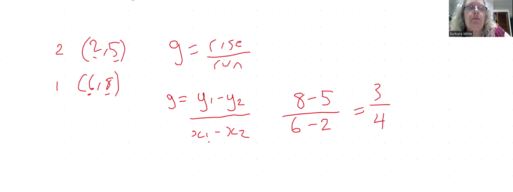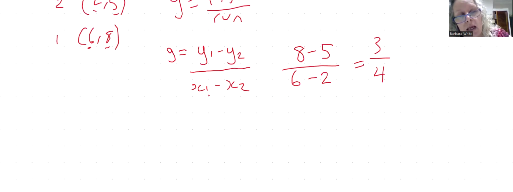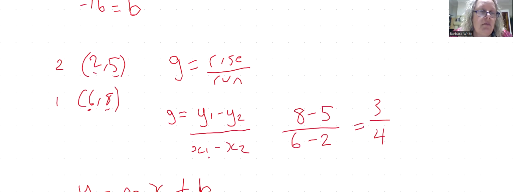Now we have a gradient and 2 points, and we do exactly what we did before. y equals mx plus b, which is the y-intercept. m is the gradient. We already know the gradient. y equals 3/4, and it doesn't matter which point you decide to put in there.